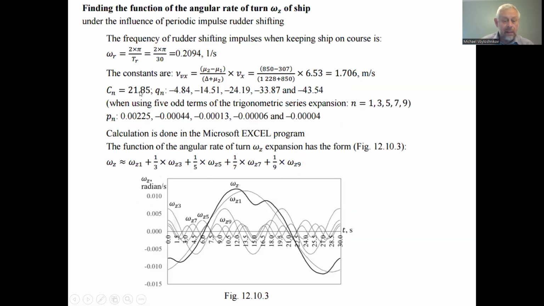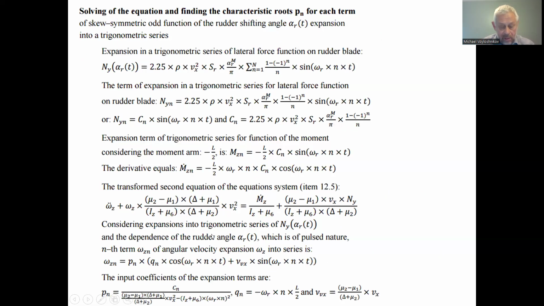And Cn is just a constant, and Qn is a factor here dependent on the cyclic velocity of the rudder turns when keeping the ship on the straight line, when we simulate the action of the control feedback system of the ship.